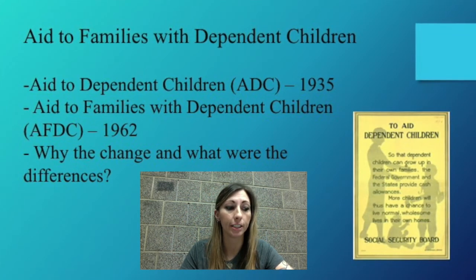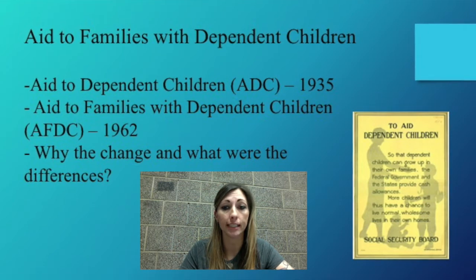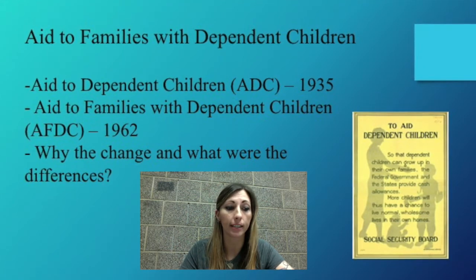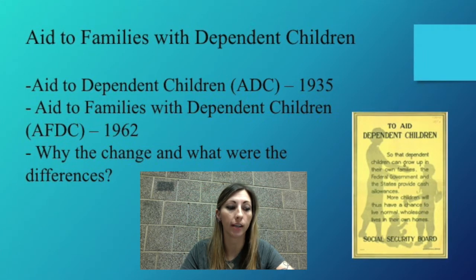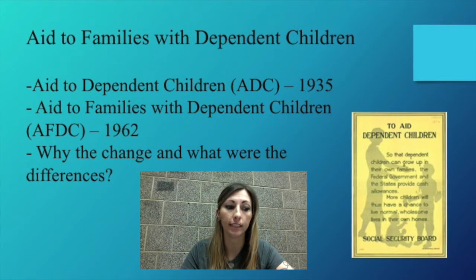In 1962, eligibility changes to ADC took place, allowing a second parent to be in the ADC household with the dependent child and a parent who was incapacitated or unemployed, and the name of the program was thus changed to AFDC, Aid to Families with Dependent Children.